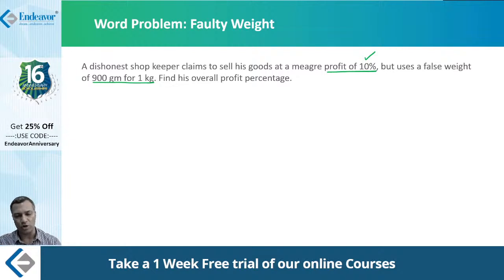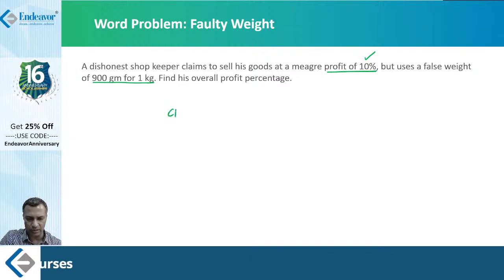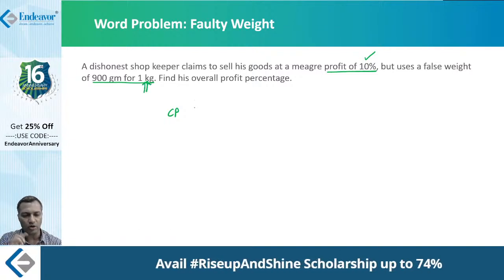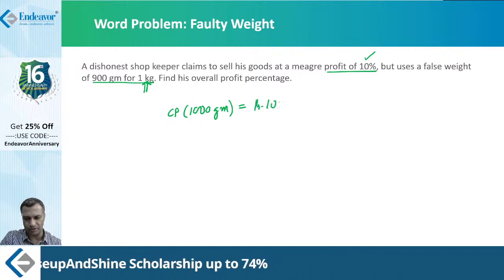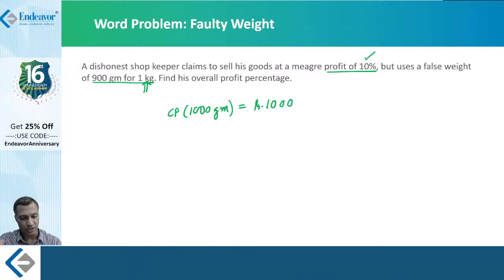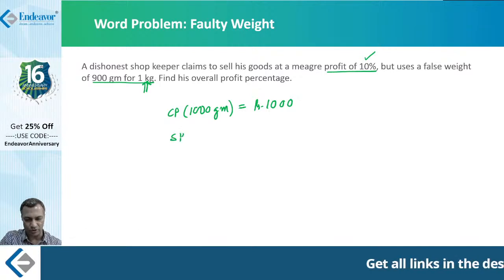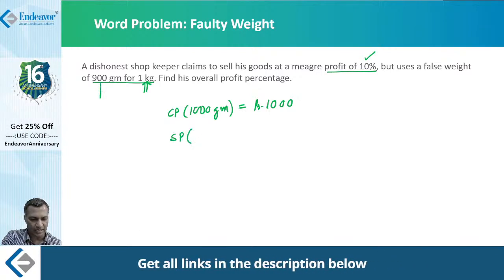But then what is the overall profit percentage? Now listen to me, guys. Say he bought 1000 grams. Why 1000 grams? Because if he has to tell 1000 grams, he should have bought 1000 grams. Let's say the cost price of 1000 grams is equal to 1000 rupees. Now what is he saying here? The selling price is for only 900 grams, but the customer is still thinking 1000 grams.